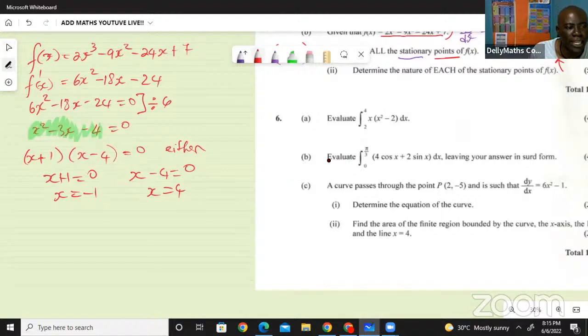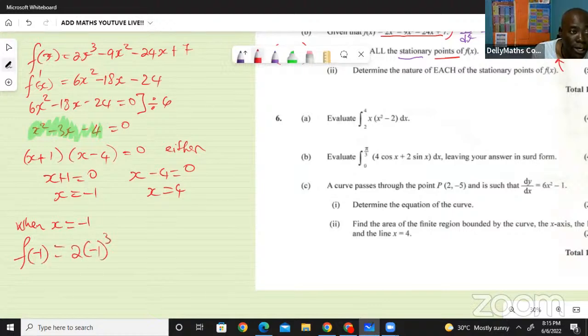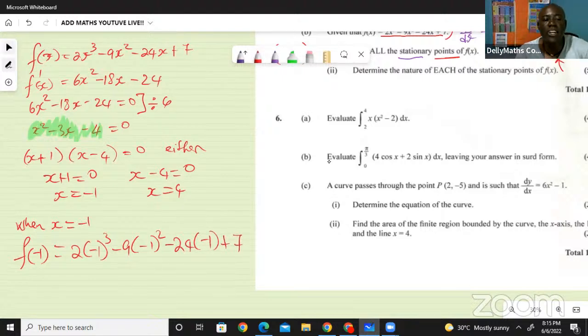So when x is equal to negative 1, f of negative 1 equals 2 times negative 1 to the third, minus 9 times negative 1 squared, minus 24 times negative 1, plus 7. I am getting my y value now that matches the stationary point.